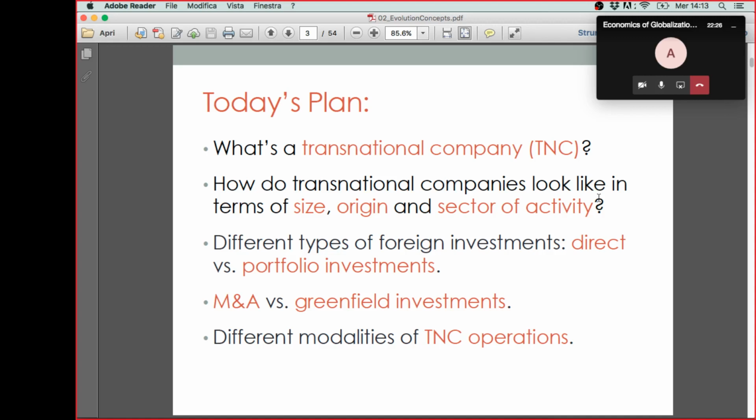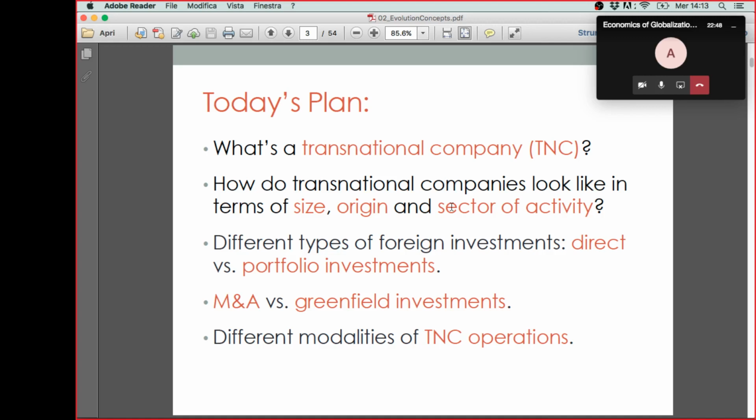So today will be mainly about definitions and general discussions. On Friday, we will have a look more at empirical data that help us have a better idea of what multinational companies do, and also a discussion about how they operate at the international level.